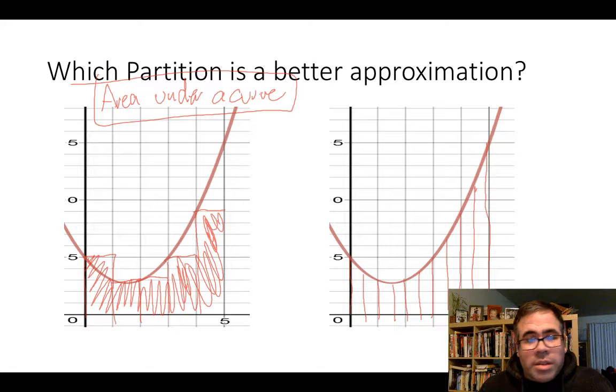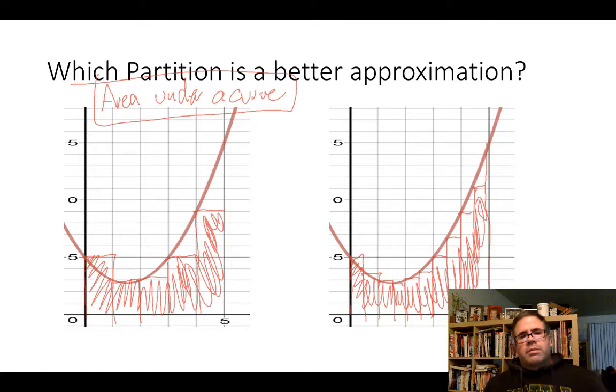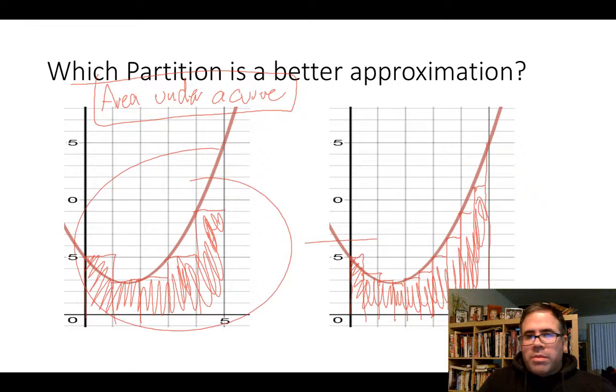We'll still use the left-hand sum, and we ask ourselves, after filling this out, which partition do you think better approximates the area under the curve? This one or this one?